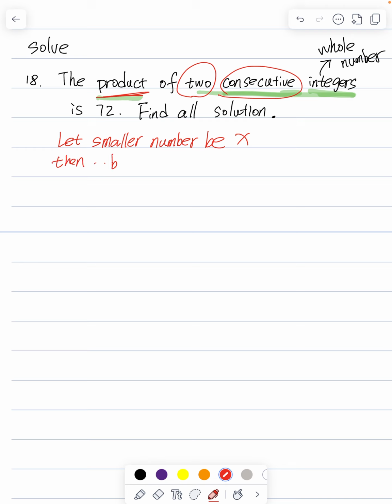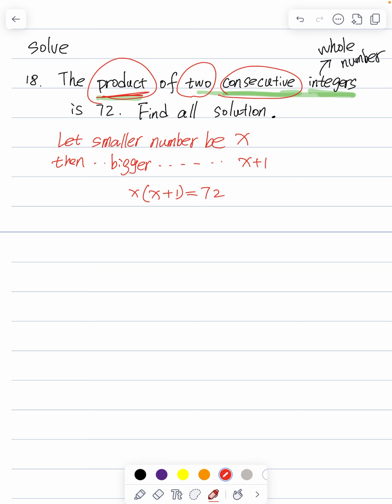The bigger one must be x plus 1. So when they multiply, because the question says product, x times x plus 1 equal to 72.